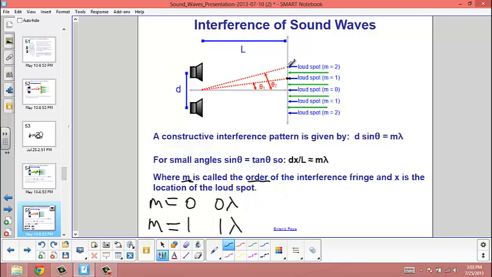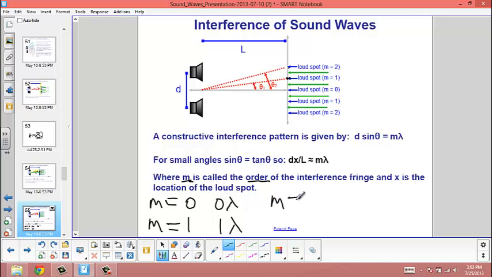Next above, this next loud spot, M equals 2, again waves travel from speaker A up top, as well as speaker B from the bottom, and they travel farther from speaker B, the bottom speaker, and they would travel a difference in distances that corresponds with 2 wavelengths.